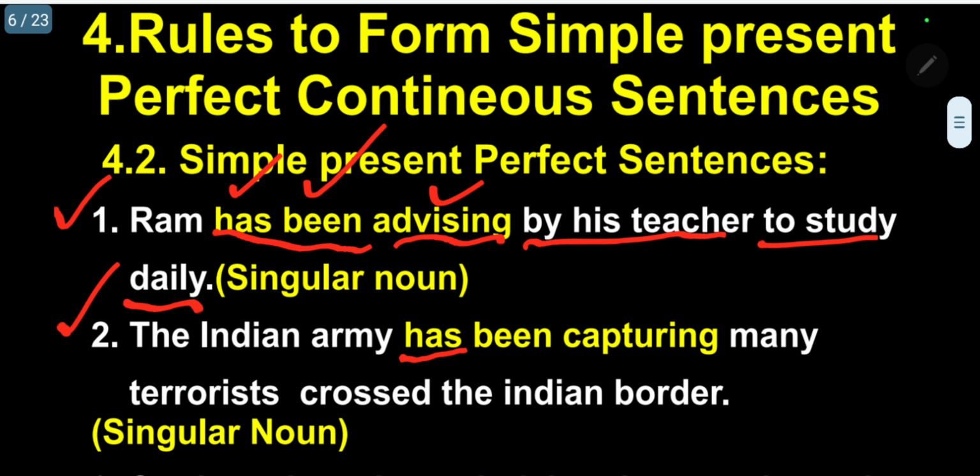So I am using two verbs now, advise, advising, capture, capturing. The only difference is that in the simple present perfect continuous, been should always be there. That is very, very important.